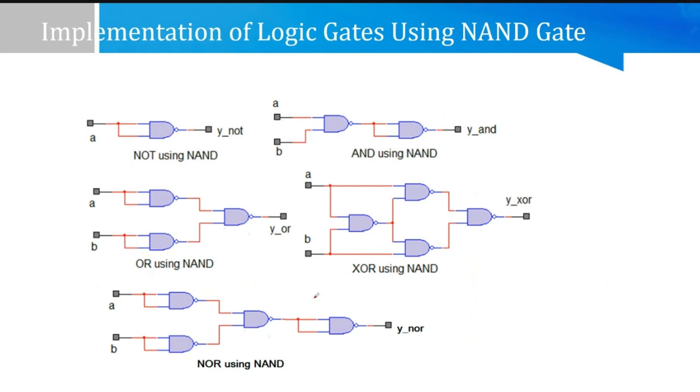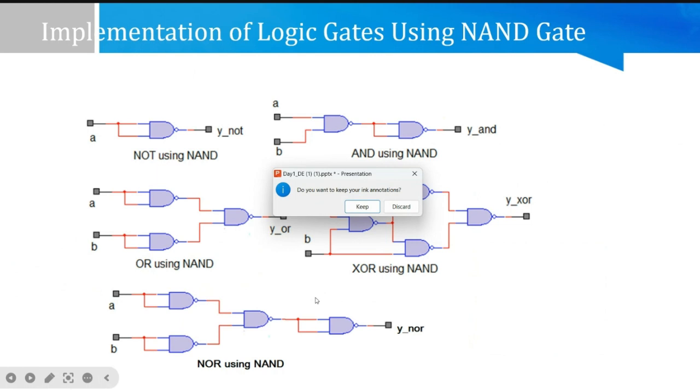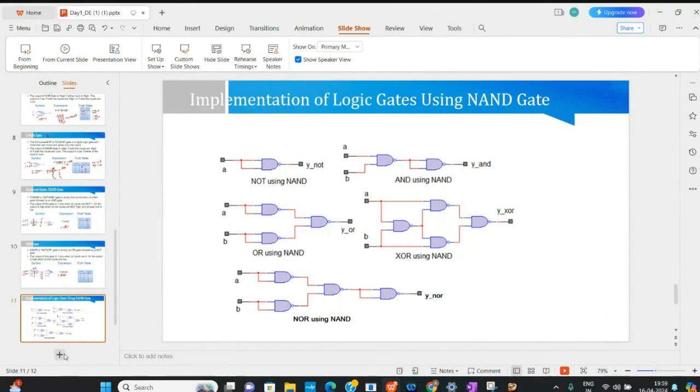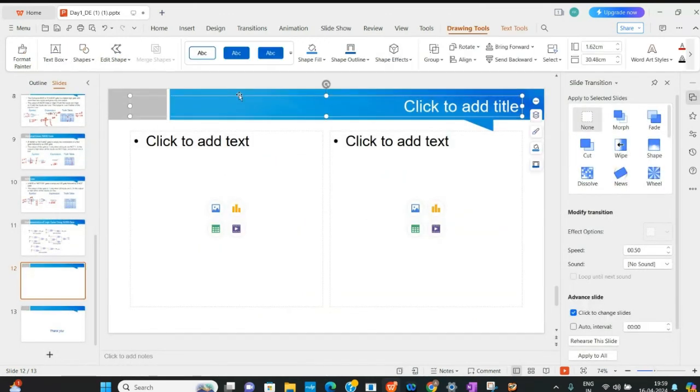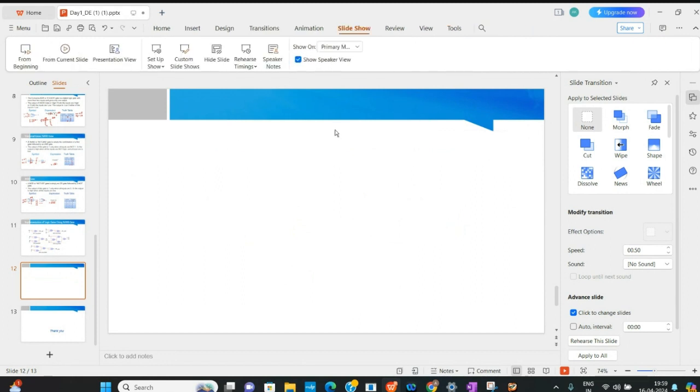Here you guys can see these are the implementations. This is how it will work. You have the NAND gate, but you want the NOT gate.